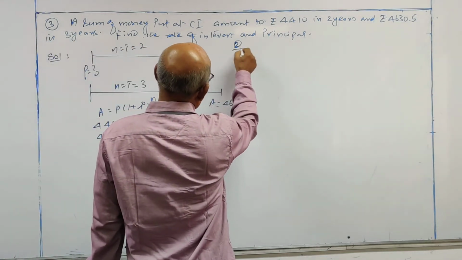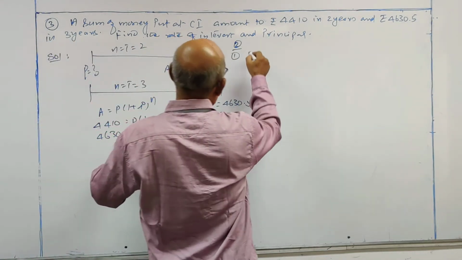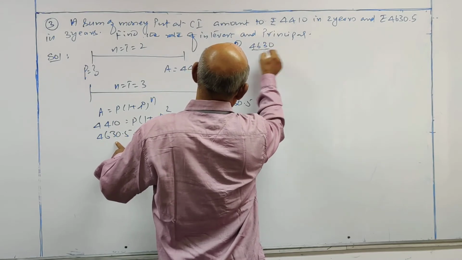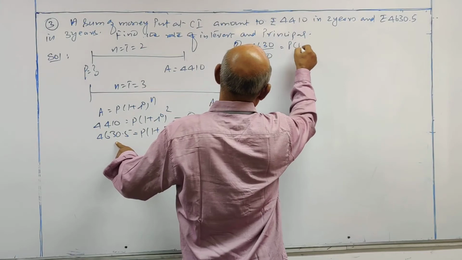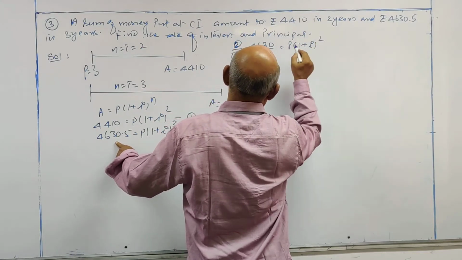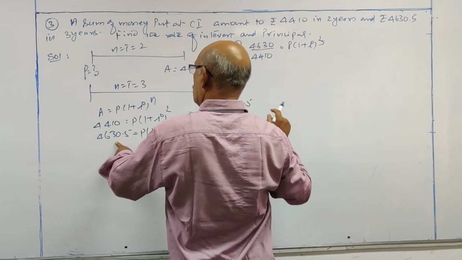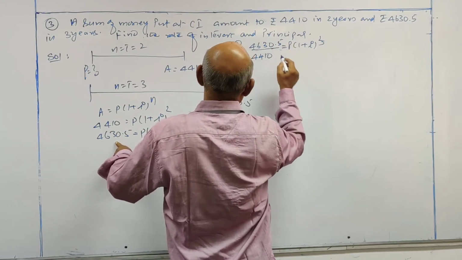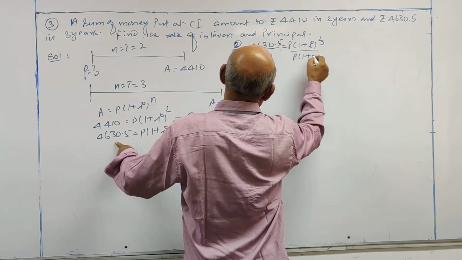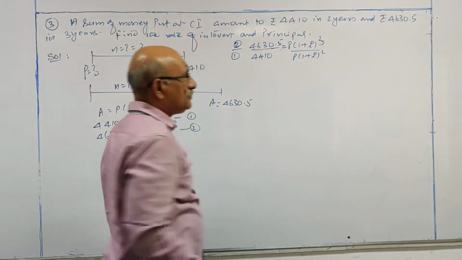So equation number 2 divided by 1. 4630.5 by 4410 is equal to P into (1 plus I) whole cube divided by P into (1 plus I) whole square.